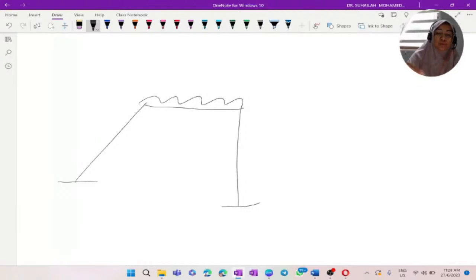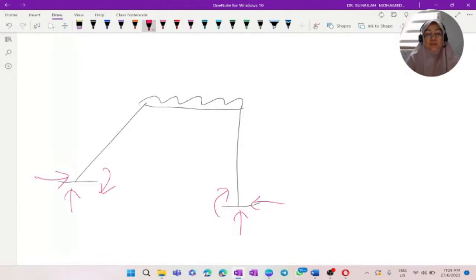By looking at this frame, we know that there are two fixed supports. Fixed has three reactions: 1, 2, 3. So we put the free body diagram, meaning the reaction at support A and support D, to show the structure is in equilibrium.